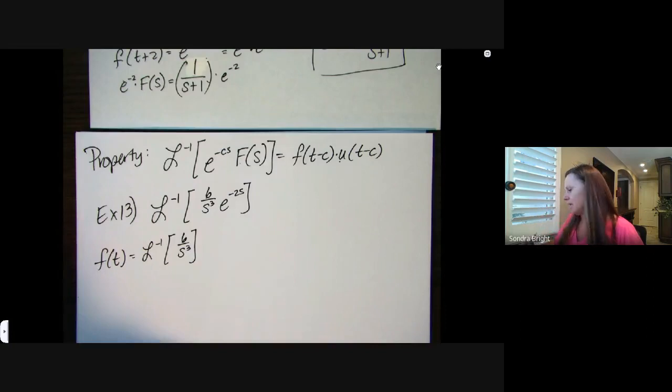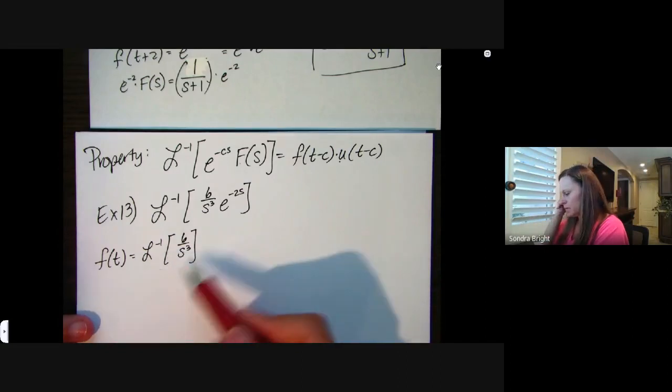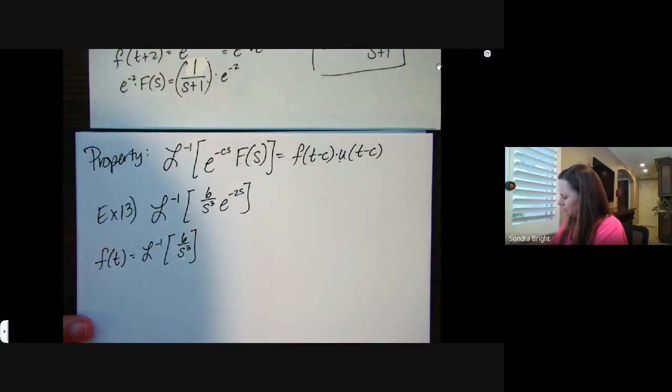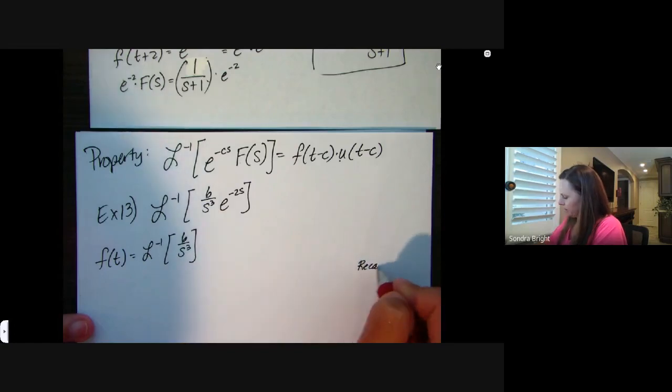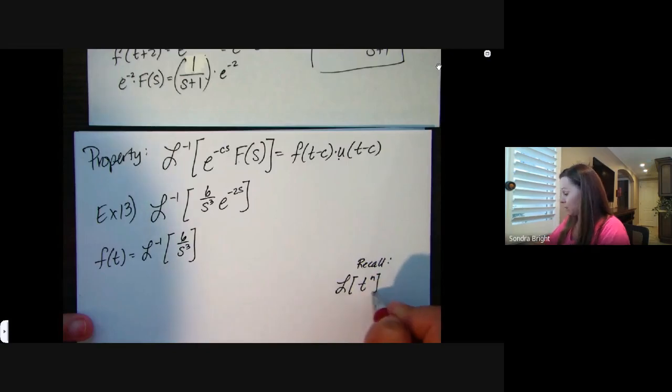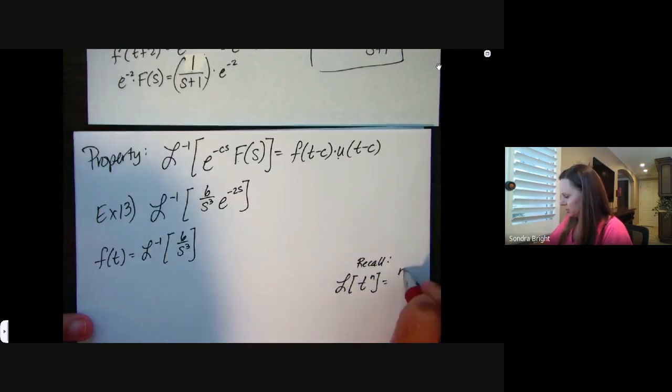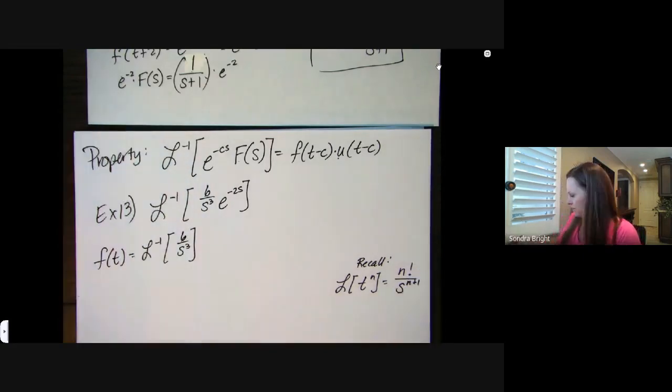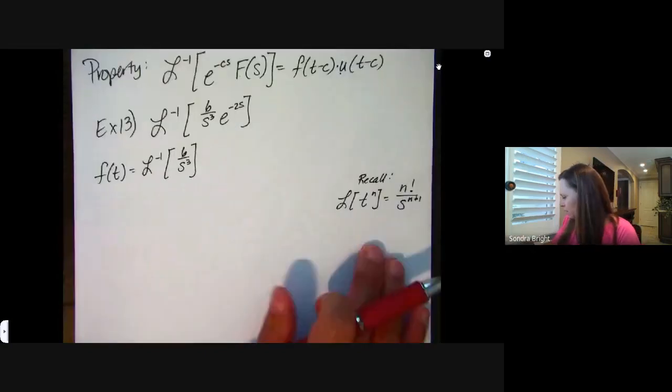And if you remember those Laplace transforms, I did it over here. Recall that the Laplace transform of t to some power n was equal to n factorial over s to the n plus 1. Right? So you're going to use that. You're going to have that on your cheat sheet, right?